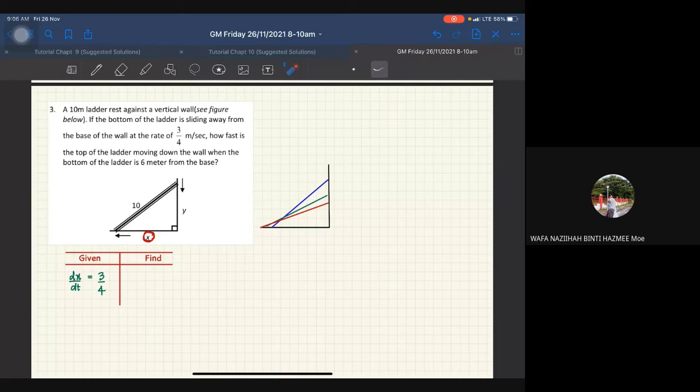Okay, so first step, apa kita nak buat? Chain rule. Chain rule, exactly. So chain rule kita dy dt is equal to dy over something times something over dt. Okay, so apa awak nak letak dekat something tu? Dx. Dx, exactly. So dy dx.